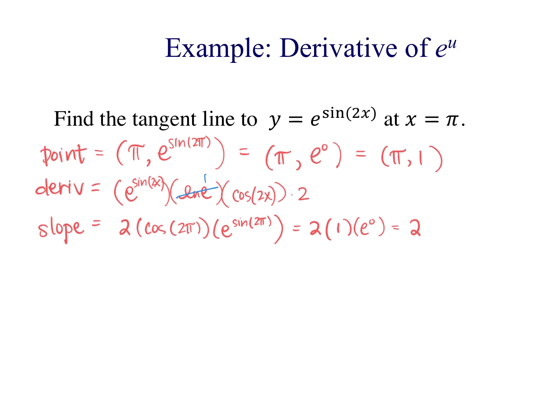So then I'm ready to write my tangent line. So my tangent line would be y minus 1 equals 2 times x minus pi. Okay, so if you can picture this, e to the sine of 2x, if you can picture an exponential is going to head up in that direction.